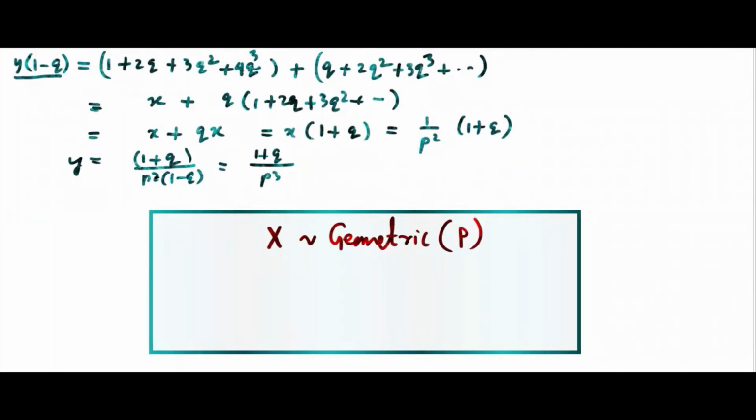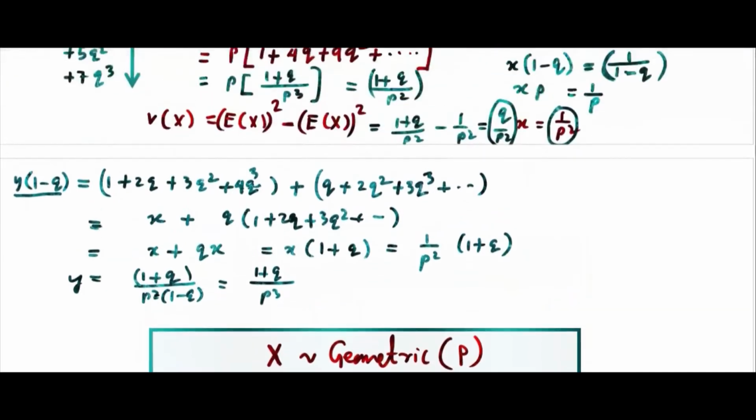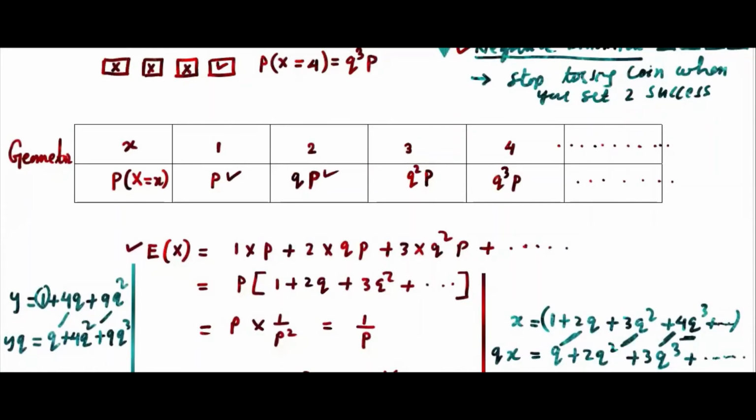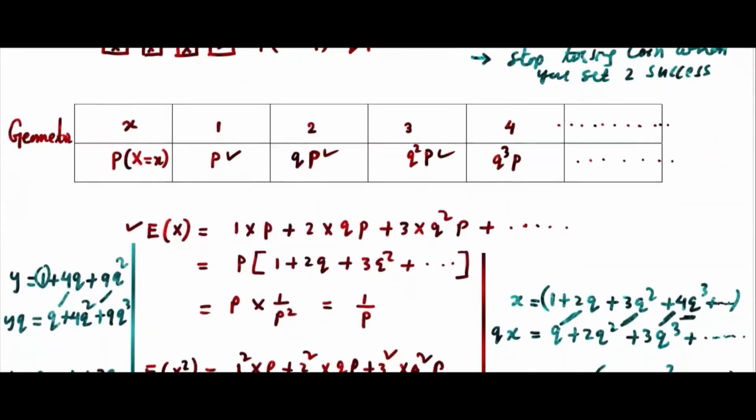You can take theta also. Here probability x is equal to x, remember, will be q power x minus 1 p. If you put 1 here, you will get p. If you put 2 here, you will get 2 minus 1, 1: qp. Then q square p. All the probabilities you get here. This is the general formula. All these probabilities, p, qp, q square p, you will get from this formula.